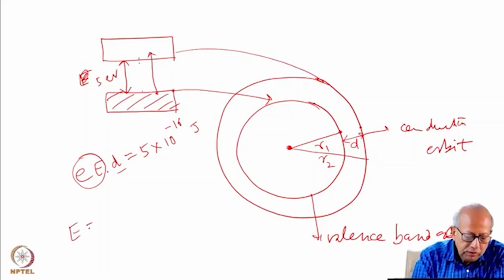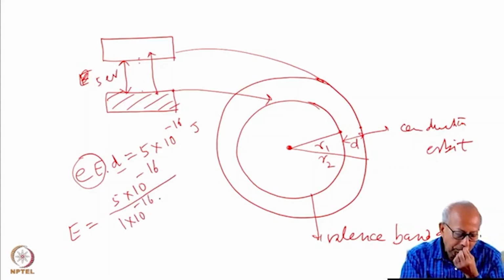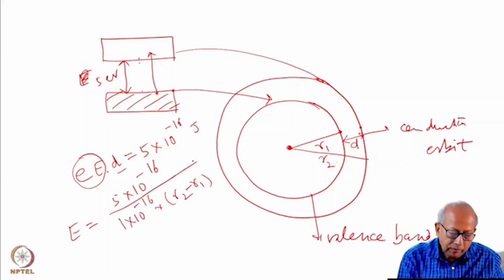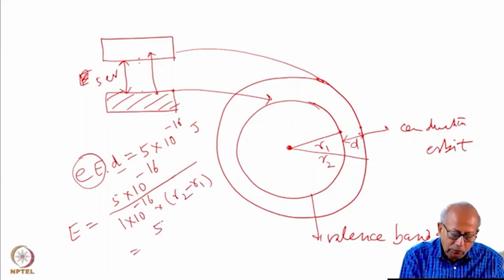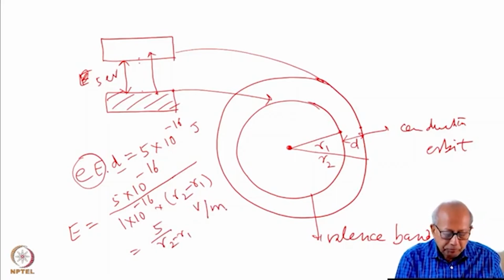So what will be the electric field? Electric field E will be equal to 5 into 10 to the power minus 16 divided by e. e is 1 into 10 to the power minus 16 coulomb into d. d is basically r2 minus r1. So this is equal to 5 by (r2 minus r1) volt per meter.